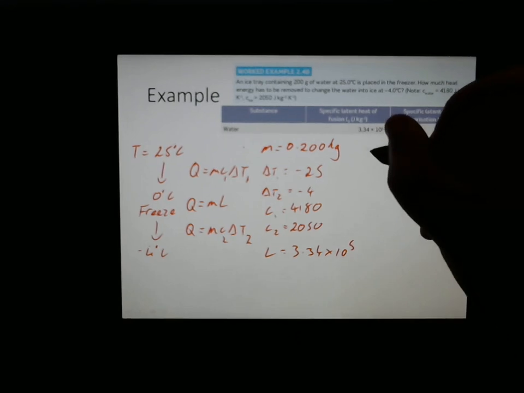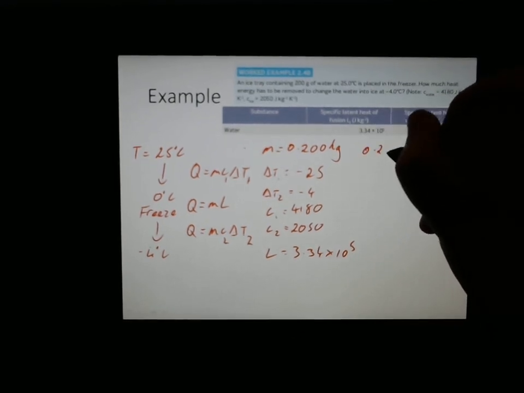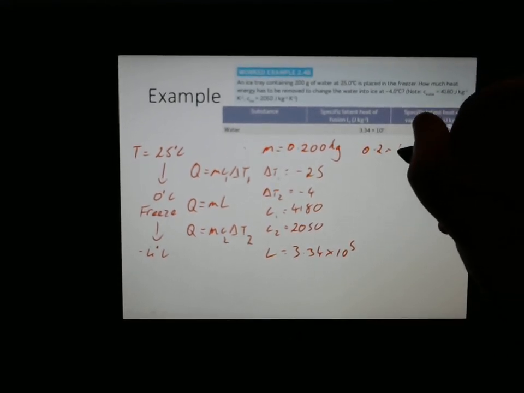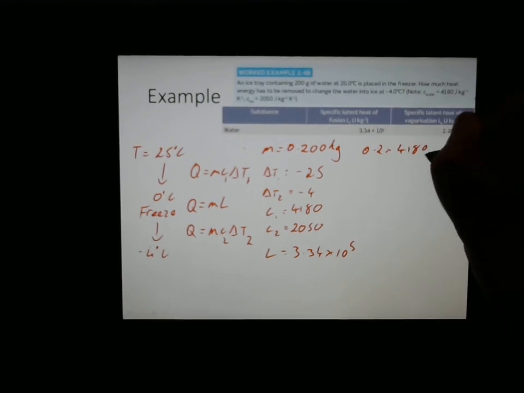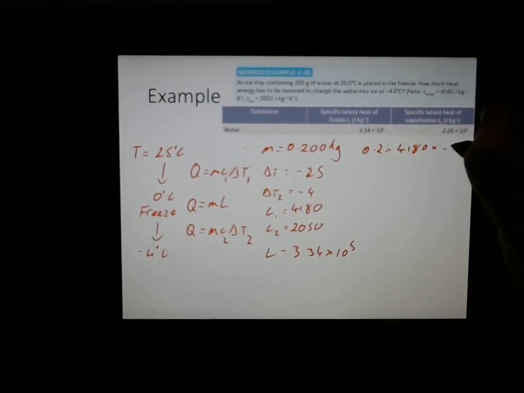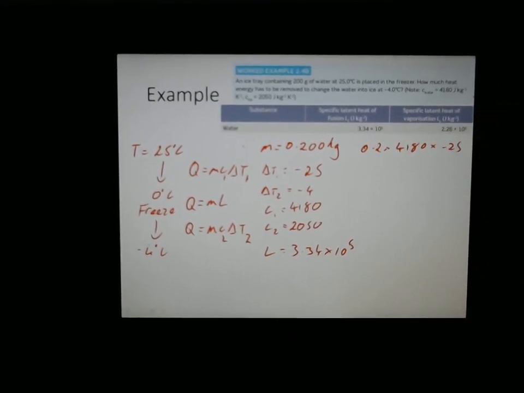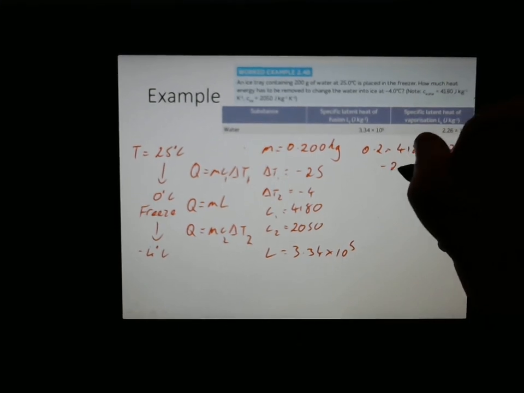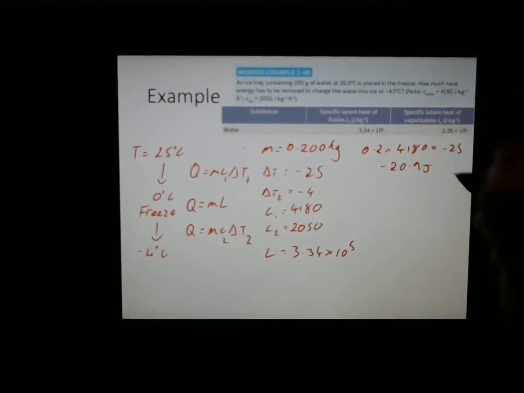So this first bit up here, we have 0.2 times 4180 times -25. I'll grab a calculator. 0.2 times 4180 times -25 gives us -20.9 joules.